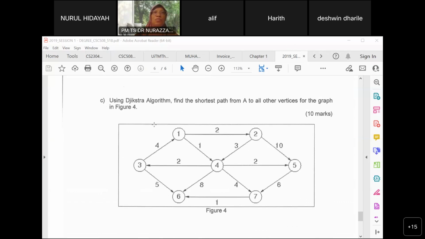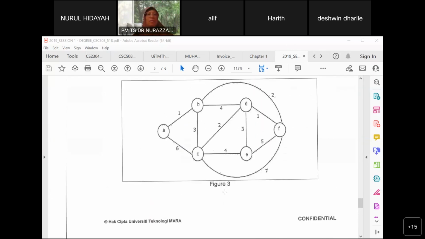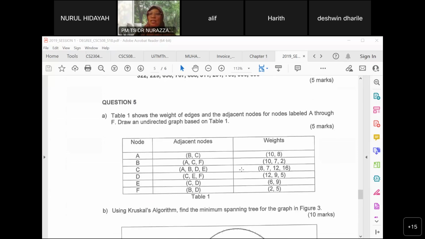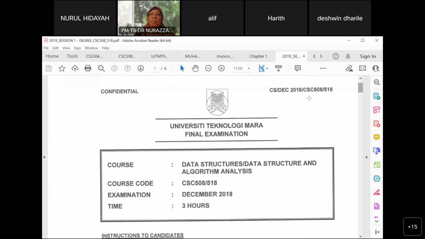This is for the shortest path using Dijkstra. So try this one for the rest of the time. This is a question from December 2018. You all can download this, or I can give it in your WhatsApp group, so you do not all need to download from the library.